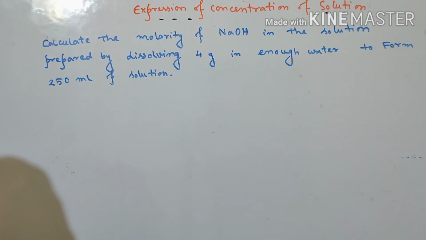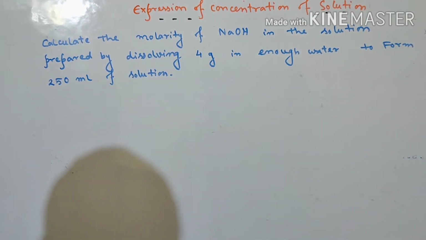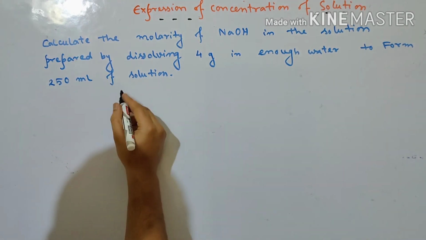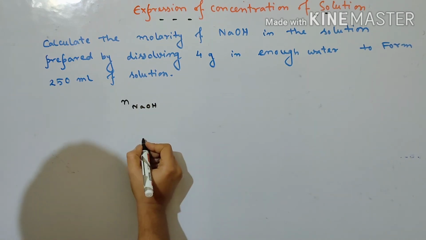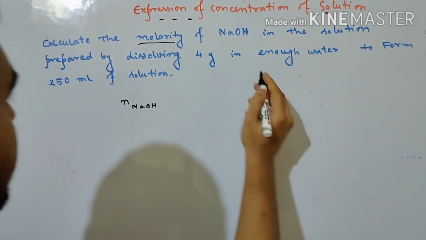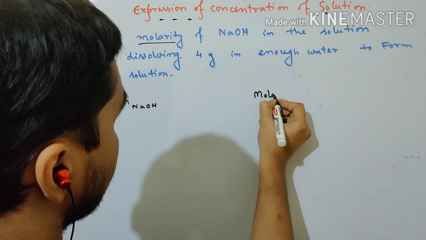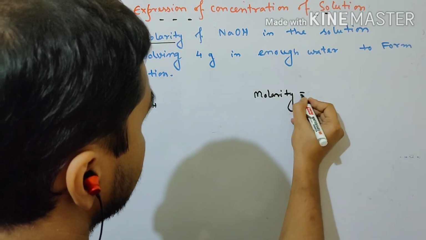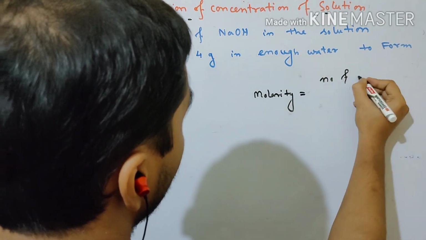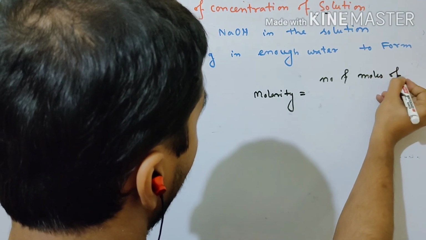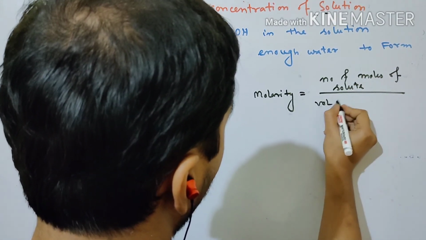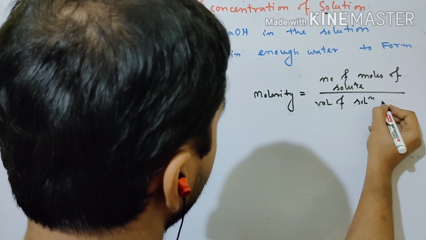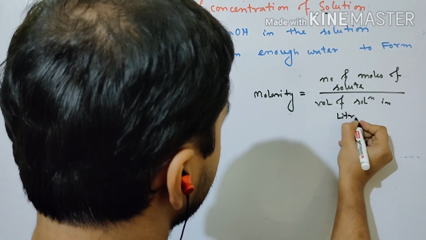Now, it's a very simple case. First of all, we have to calculate number of moles of NaOH, because we are calculating molarity. So molarity means number of moles of solute divided by volume of solution in liters.